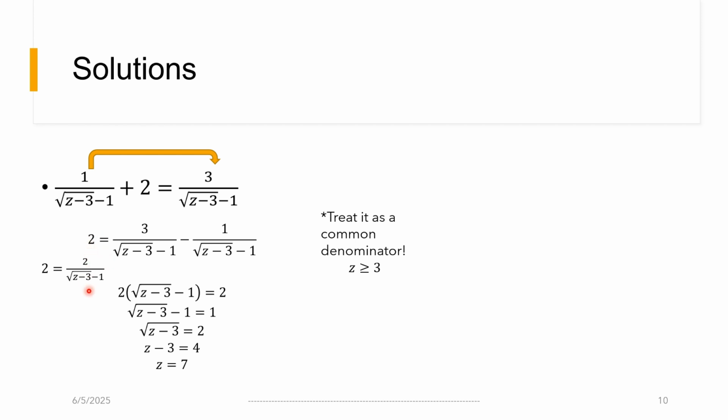And then we can just multiply this nasty denominator out. And again, we can simplify just by dividing both sides by 2. And then we just get the square root of z minus 3, minus 1 equals 1. And we solve for z by squaring both sides.